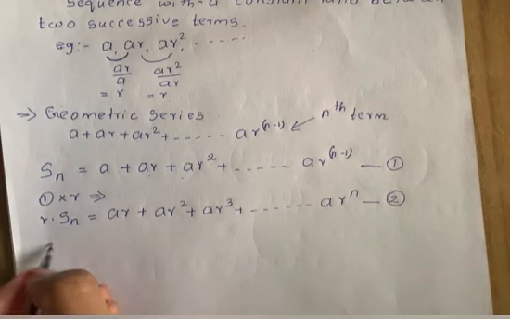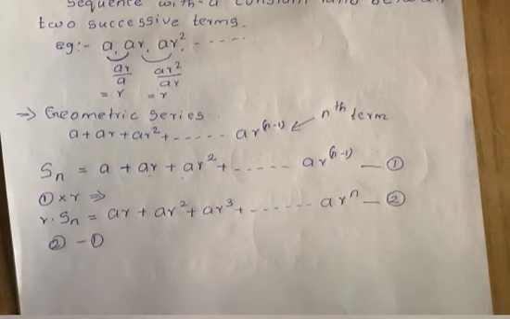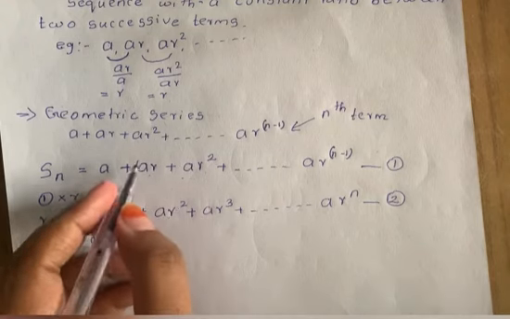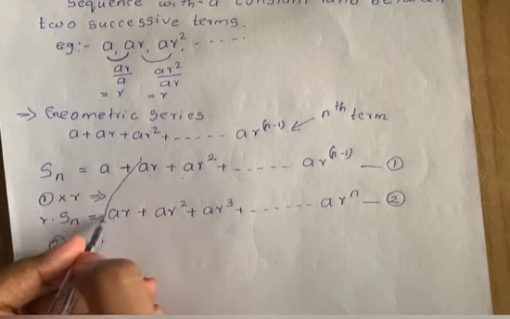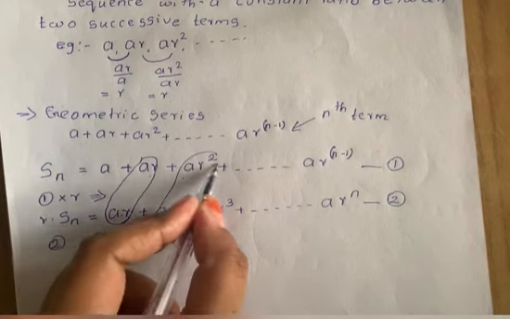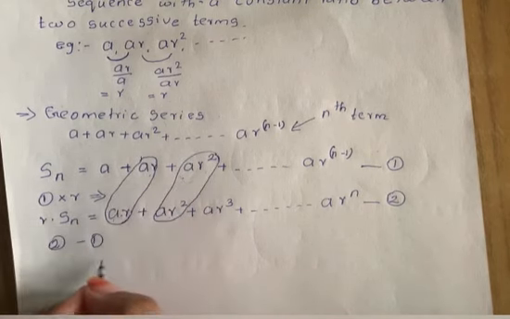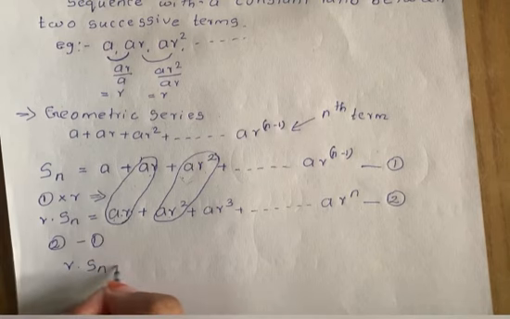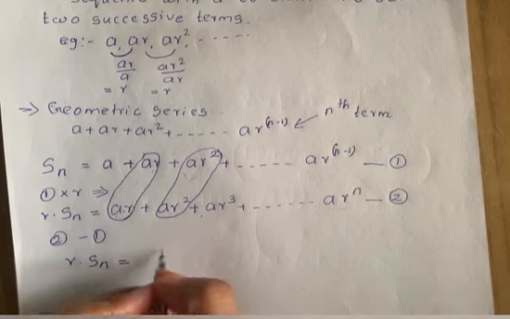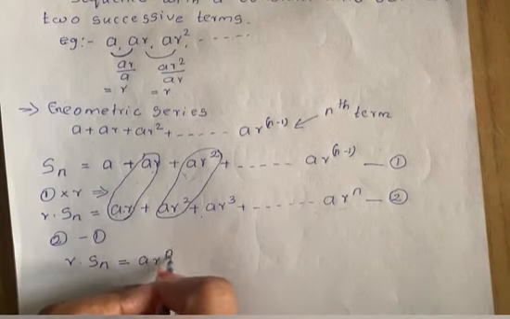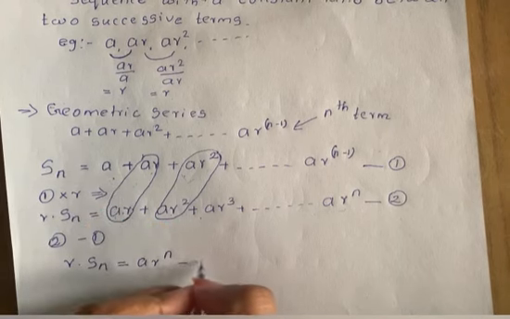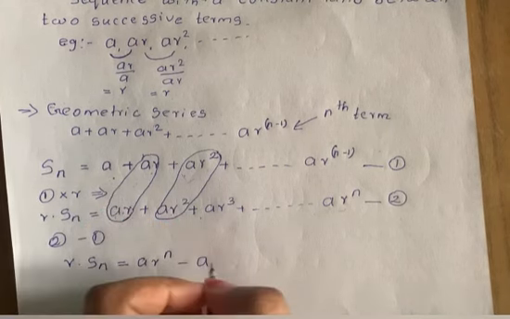If we subtract the first equation from the second, the second term of the first equation and the first term of the second equation can be deducted. So r Sn minus Sn is equal to, if everything is deducted, ar to the power n minus a will be left.